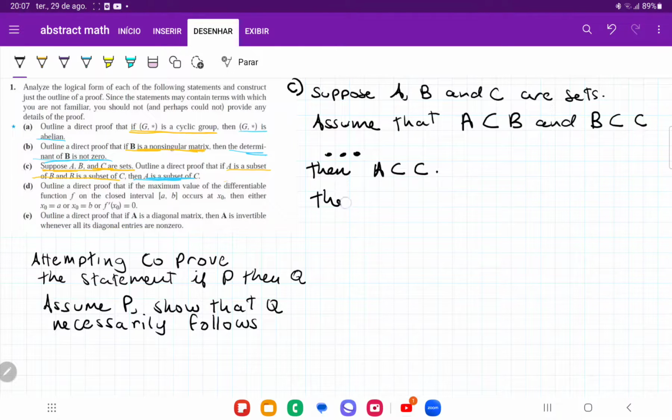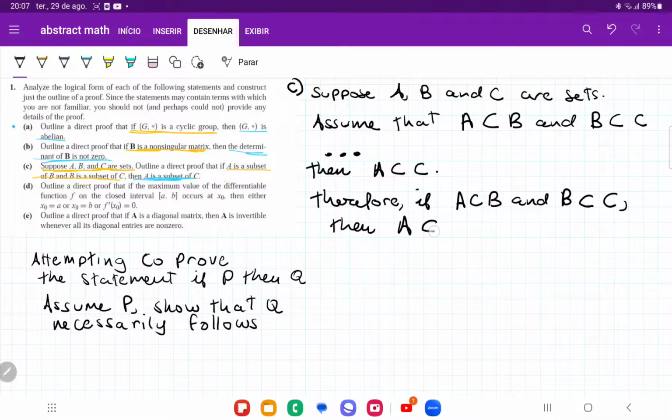So we say, therefore, if A is a subset of B and B is a subset of C, then A is a subset of C. And maybe I should put this so that we don't confuse the subset notation with C. Okay, so that was it for item C.